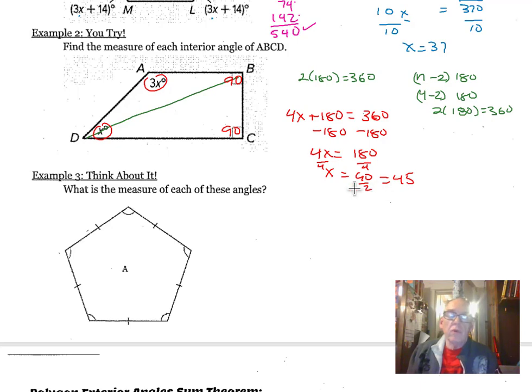So x is 45. So 3 times 45 is 135, and x itself is 45. And if we add these up, we have 180 and another 45, that's 225, and another 135 gives us 360. So these do sum up to 360 degrees. So it checks out.